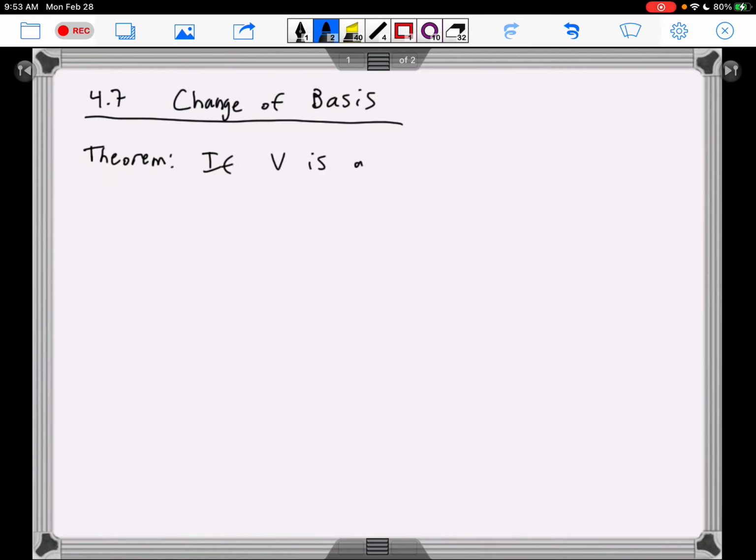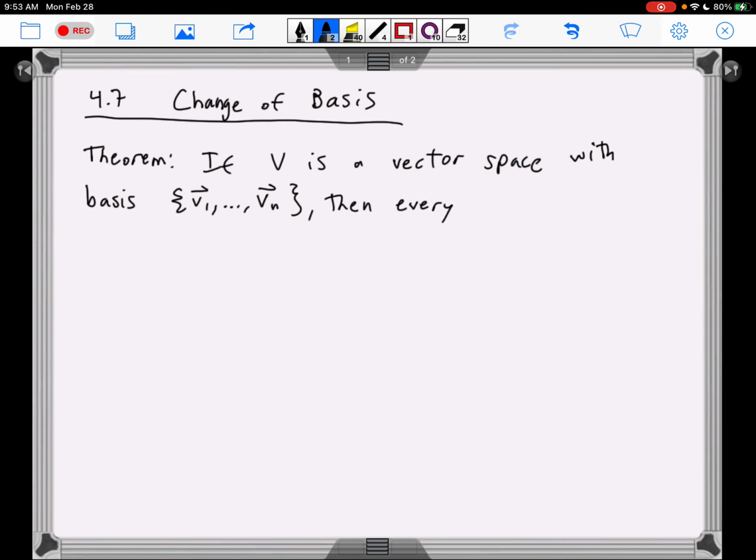If V is a vector space with basis V1 all the way to Vn, then every vector in V can be written uniquely.